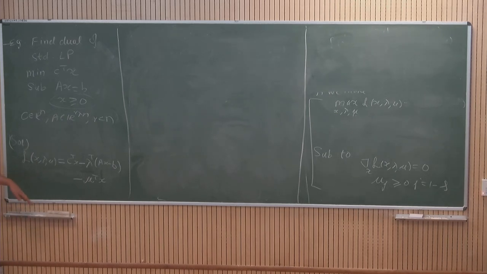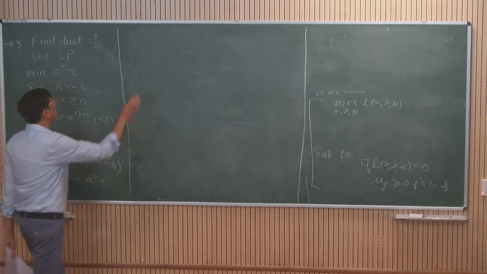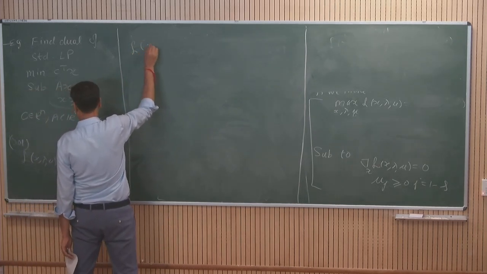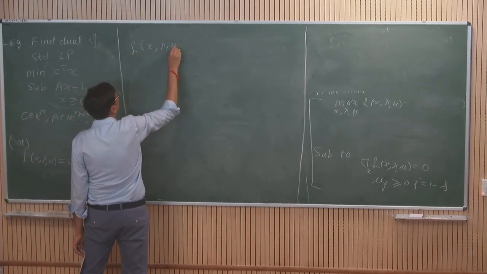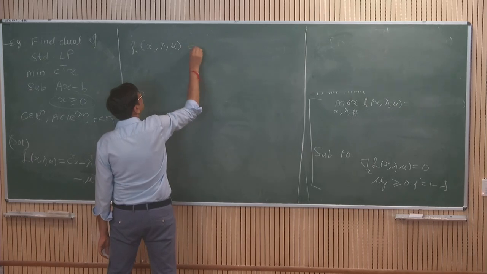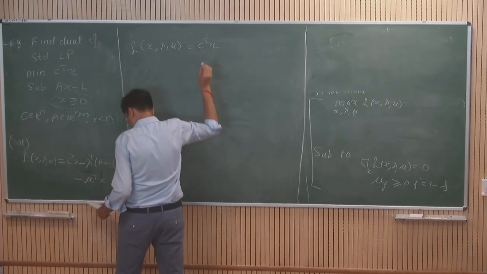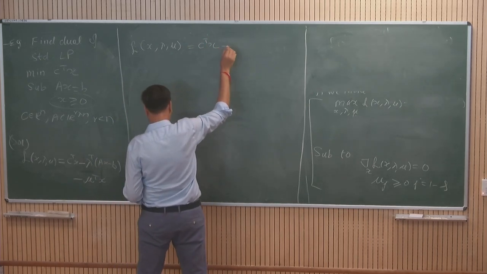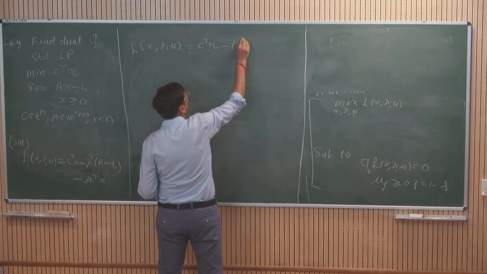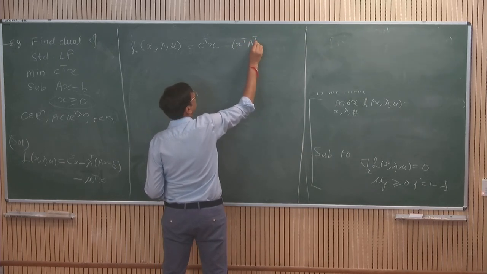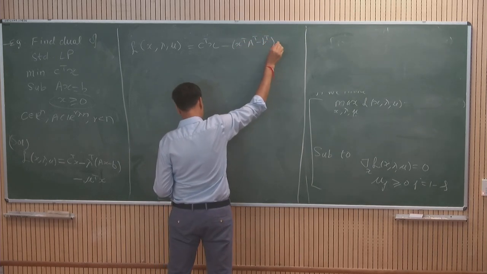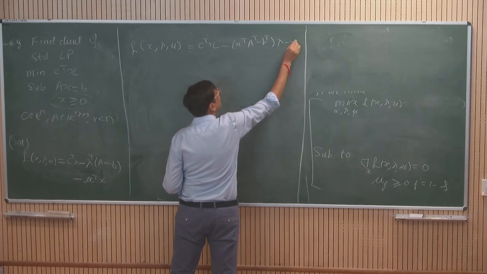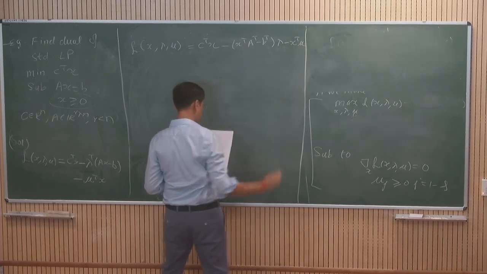We'll try to simplify this further. So what I'll do is write this as L(x, lambda, mu) equal to c transpose x minus x transpose (A transpose lambda) plus b transpose lambda minus x transpose mu.